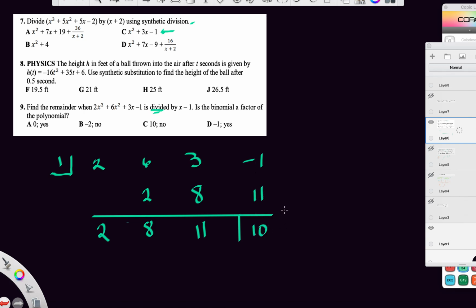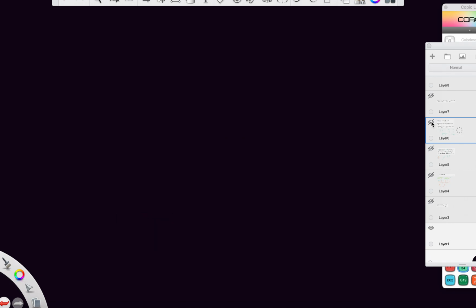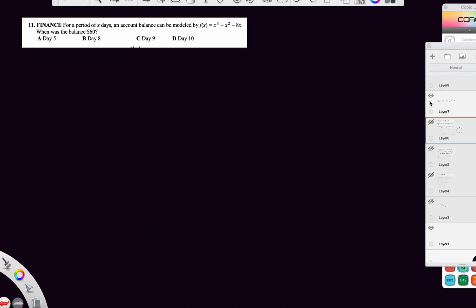Is there a remainder? Yes. So the question is, what's the remainder? There's a remainder of 10. Therefore, no, it's not divisible by x minus 1.